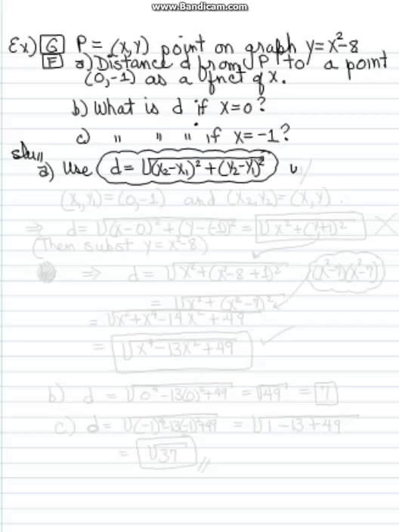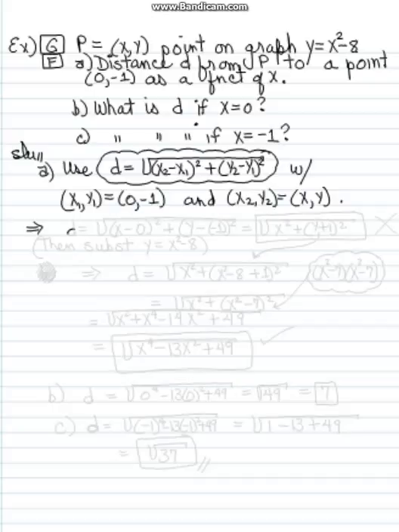In this case, the first point, (x sub 1, y sub 1), is the given point (0, -1). And the second point, (x sub 2, y sub 2), is just the generic (x, y).